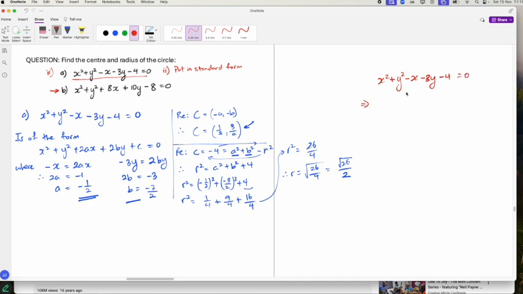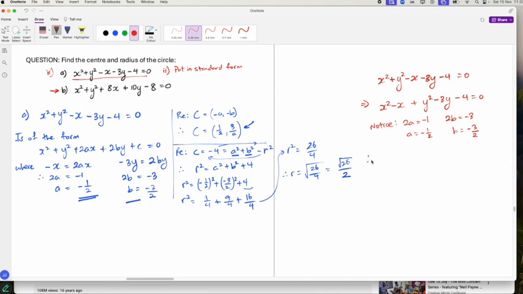This would imply I'll group my x's: x squared minus x plus y squared minus 3y minus 4 is equal to 0. I'll do what they call completing the square. I'll notice that 2a is negative 1, so a is negative a half, and I'll notice that 2b is negative 3, so b is negative 3 on 2.